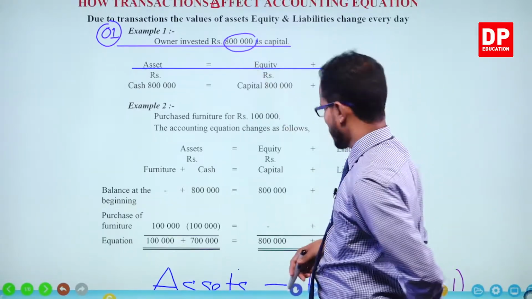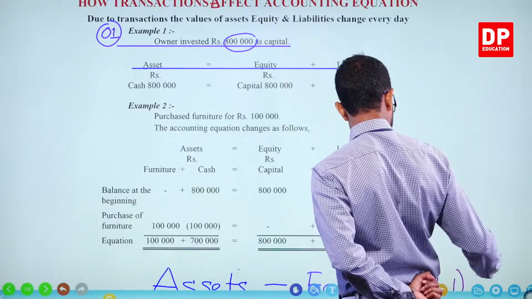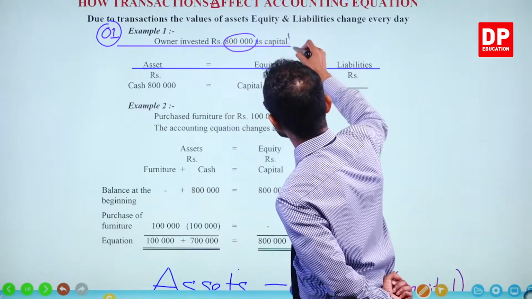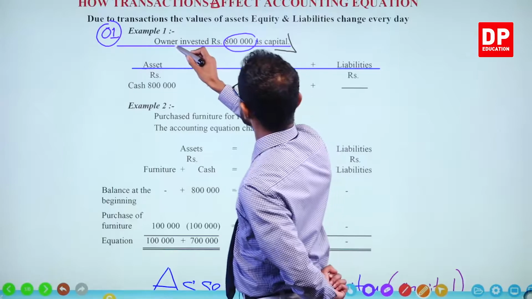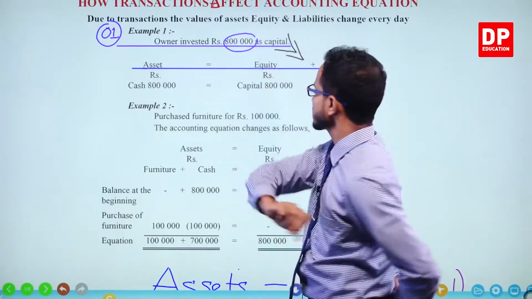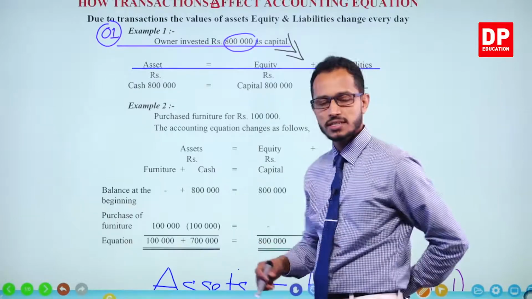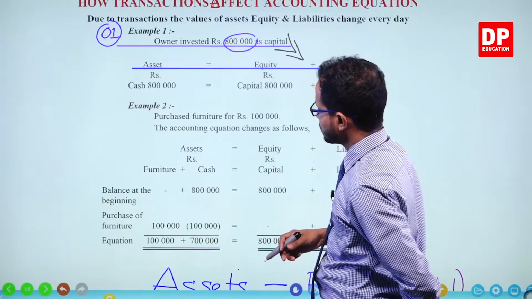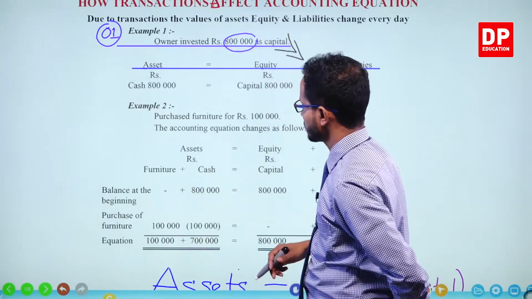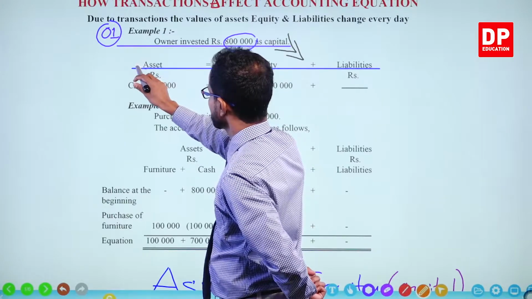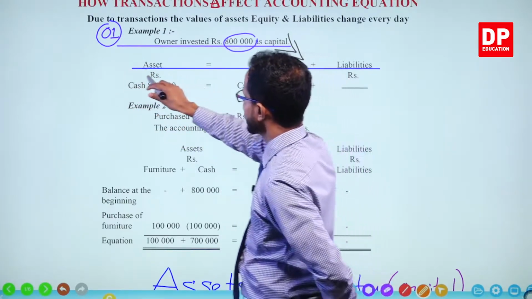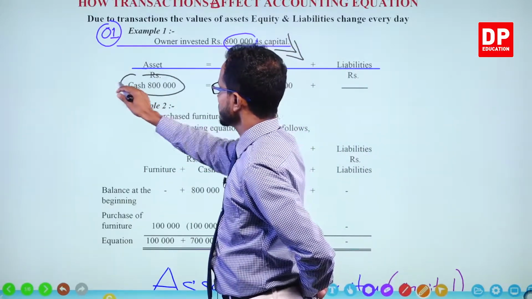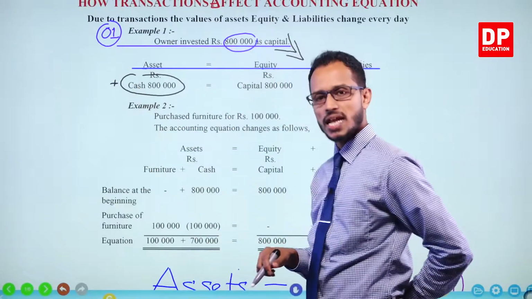When this transaction happens, how does it affect the accounting equation? How is this transaction affecting the accounting equation? Now, as you can see, children, under assets, there is cash 800,000, and I'm going to put this symbol plus.